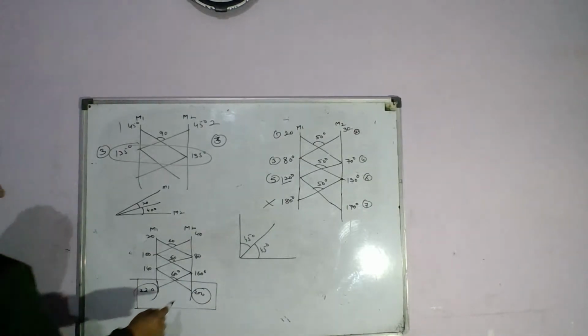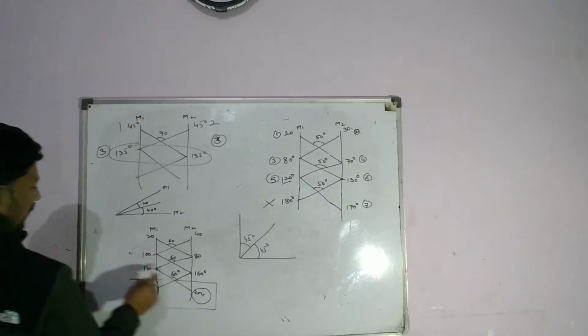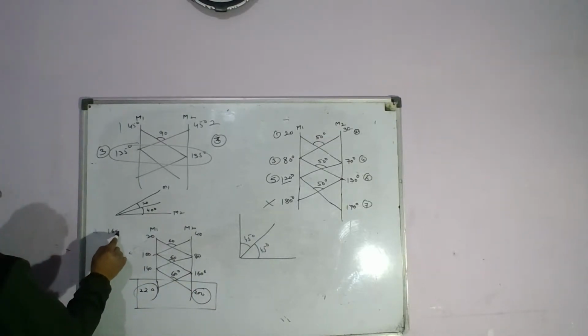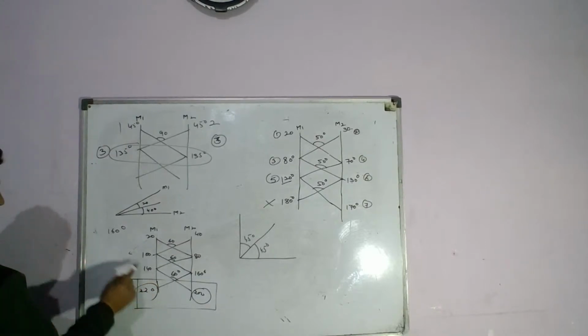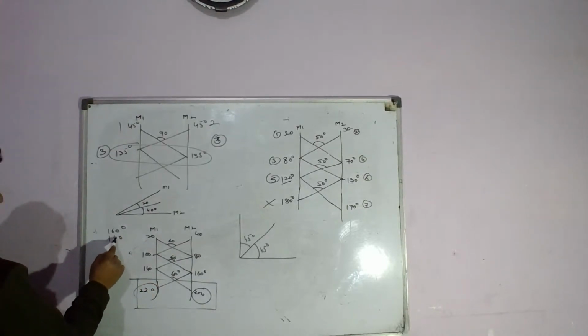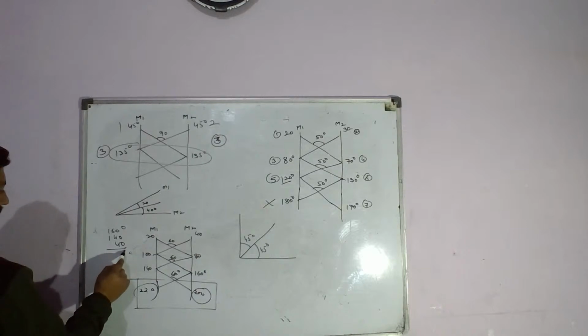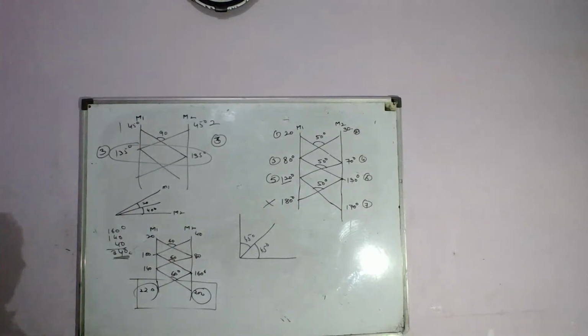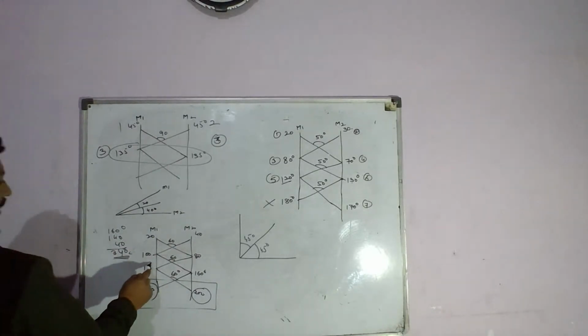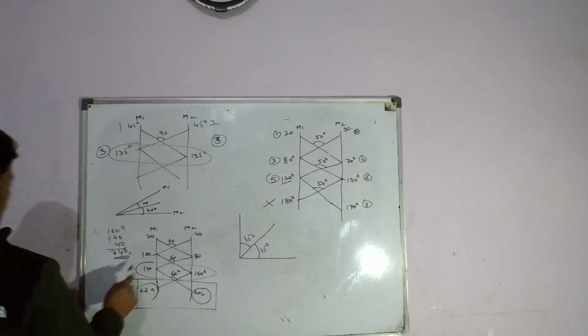What if we sum these two angles? 160, clear, 160, 140, and 40, 340 degrees. It means overlapping. The overlapping case is done here.